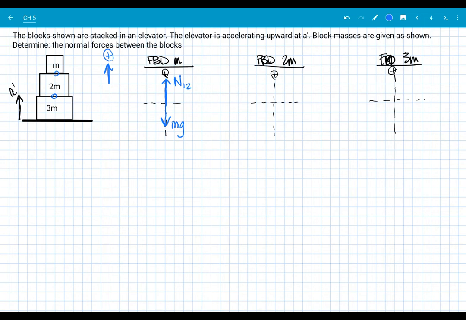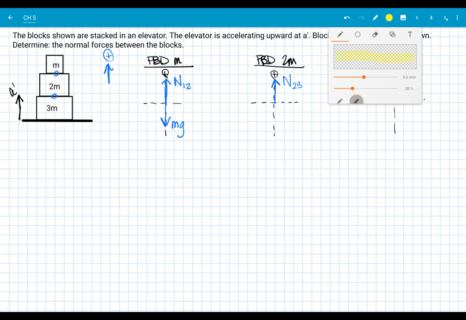Okay, block 2m. So we look again, what's in contact with the block 2m? Well, it is in contact with block 3m underneath it. So block 3m, that interface is pushing upwards on block 2m, the normal force. That normal force is the normal force between blocks 2 and 3. So I'm going to subscript that 2 and 3 there. So I just want to make really clear here.